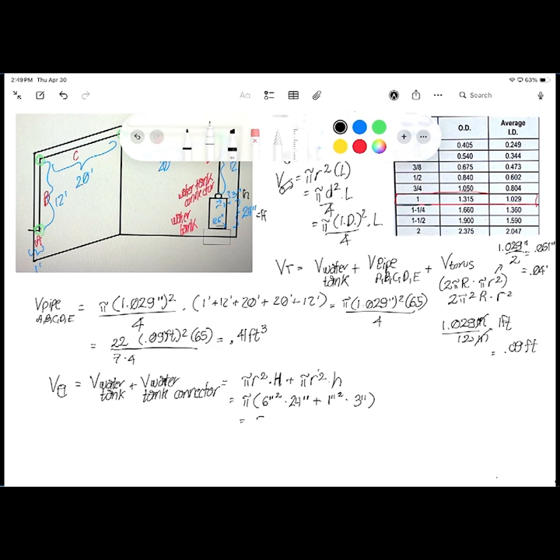So that equals pi times 867 inches cubed.